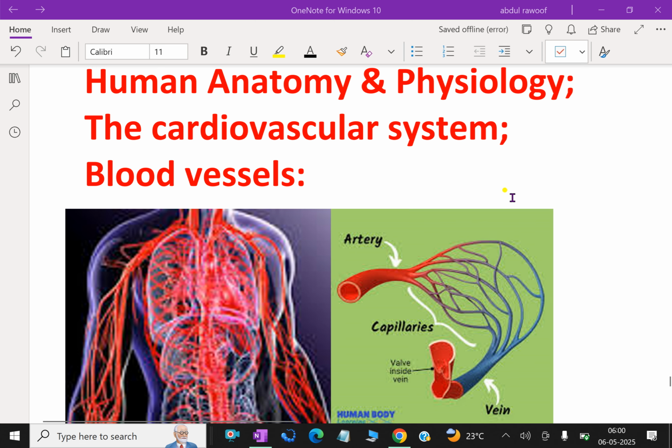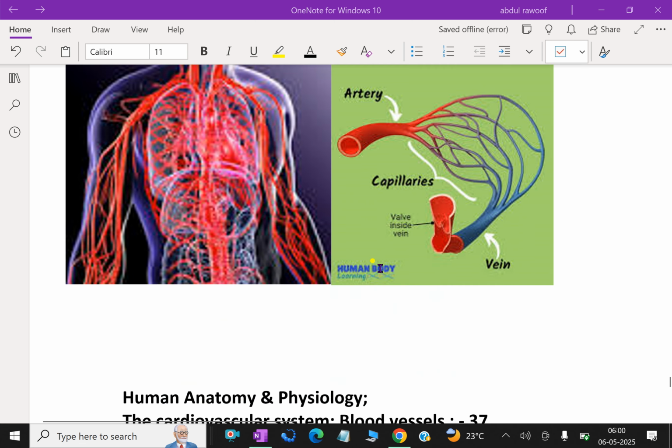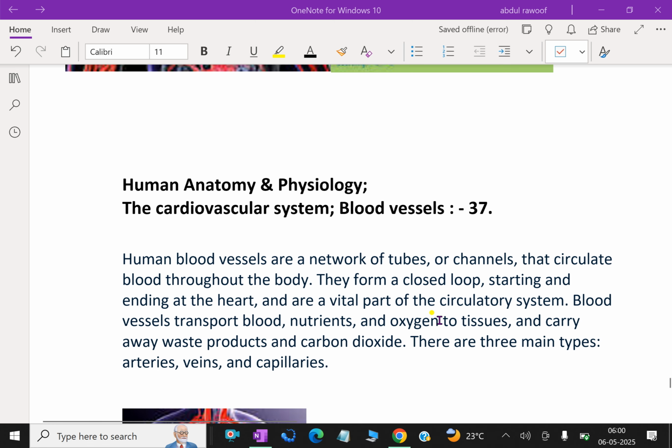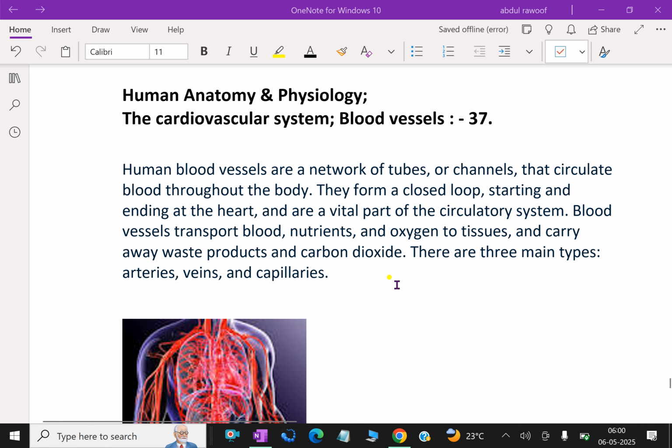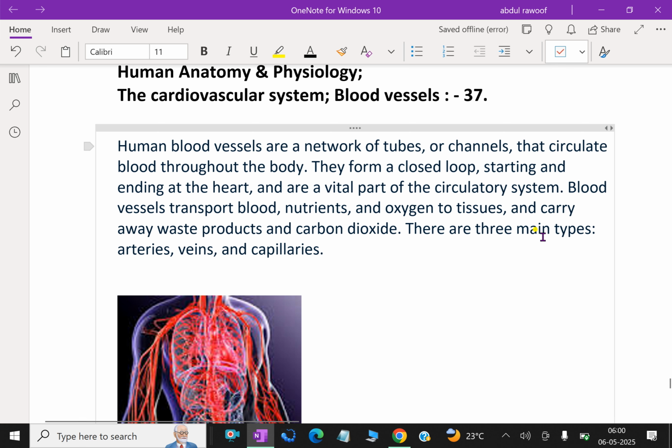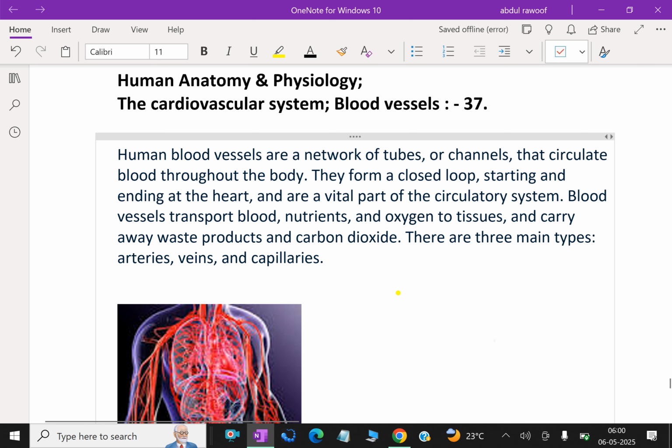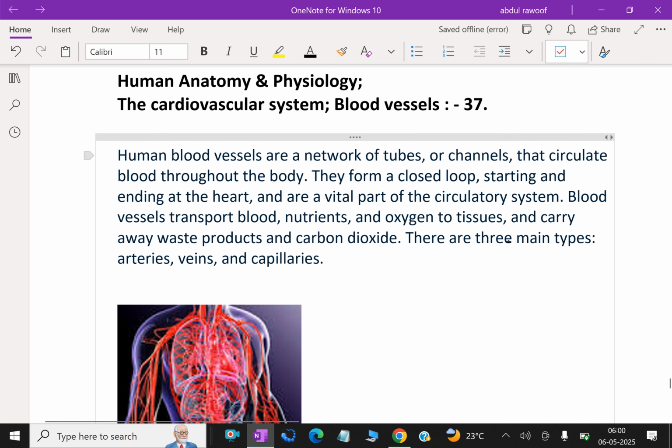Now let us discuss further about blood vessels. Human body vessels are a network of tubes or channels that circulate blood throughout the body and are a vital part of the circulatory system. Blood vessels transport blood, nutrients, and oxygen to tissues and carry away waste products and carbon dioxide.